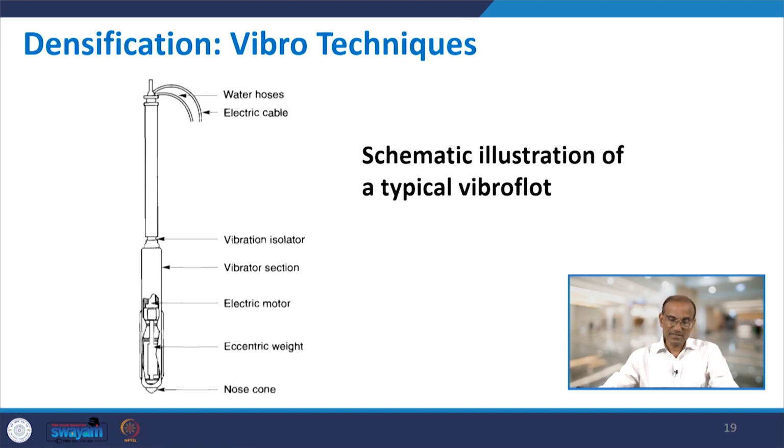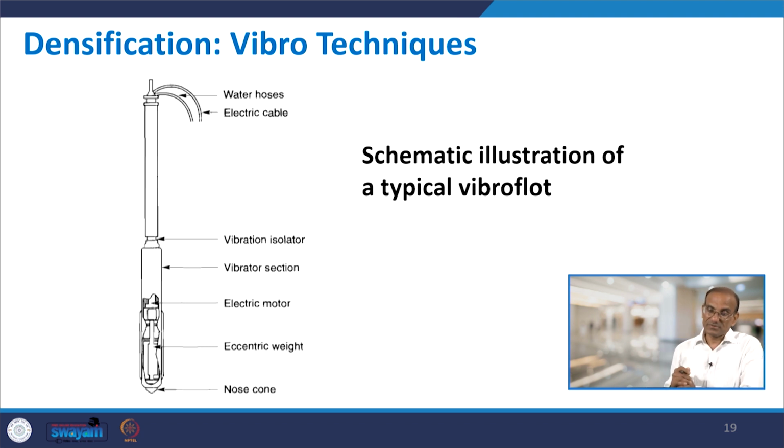So, this is a schematic of the vibro float. On the top of the vibro float, you have two types of pipes. One is for electric cables, because it will be operated by electricity, or maybe hydraulic power.